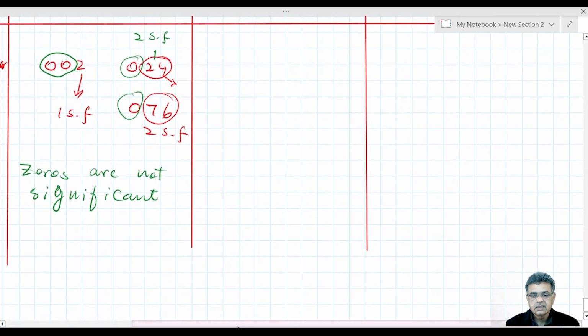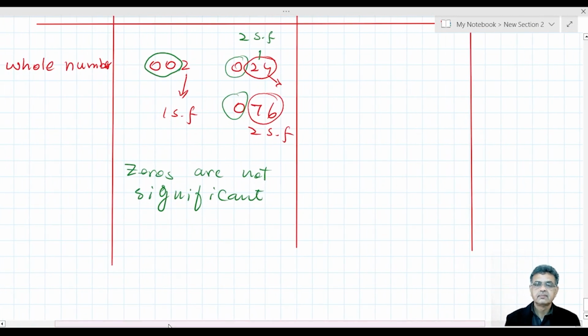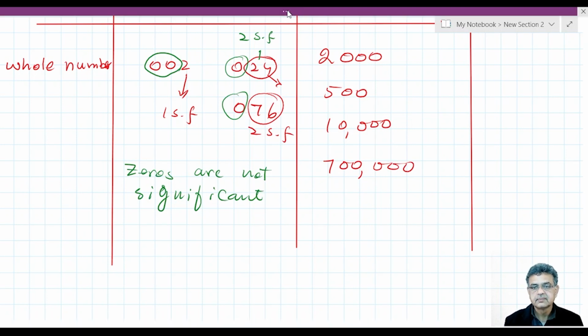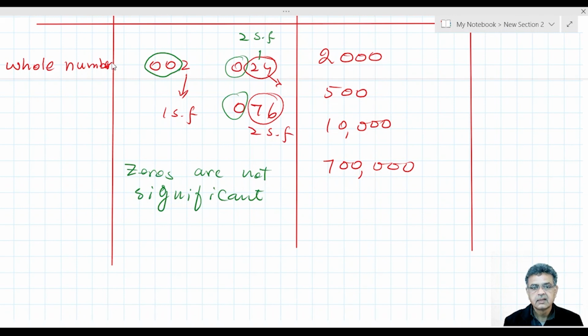And in case of whole numbers, this is 2000 or 500 or 10,000 like this, or any other figure. So all these are trailing zeros. In case of whole numbers, these are trailing zeros. These two are trailing zeros.